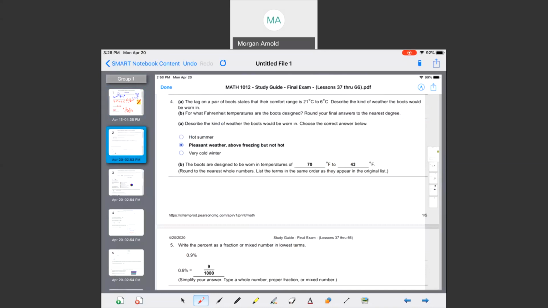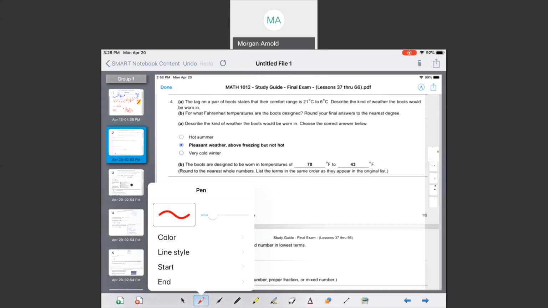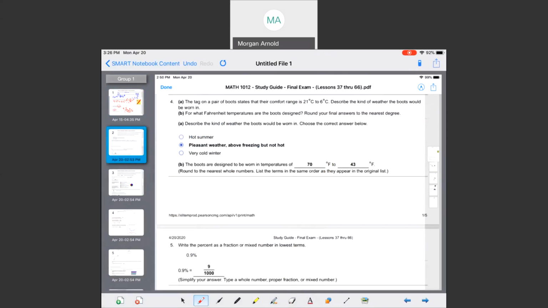Question 4, 2 parts. Describe the kind of weather the boots would be worn in. Choose the correct answer below. And part B, convert your temperatures from Celsius to Fahrenheit. The formula we'll be using is F equal to 1.8 times Celsius plus 32 degrees.